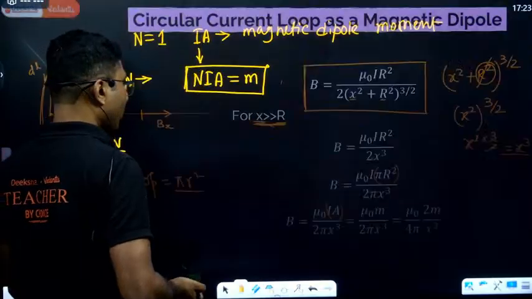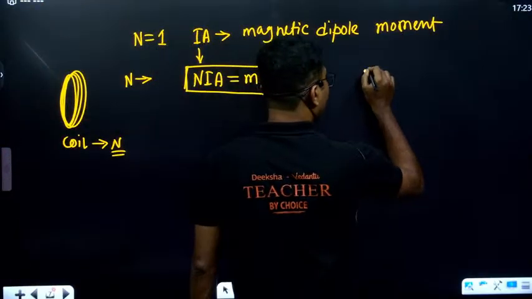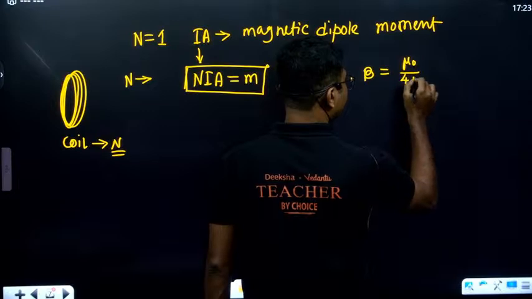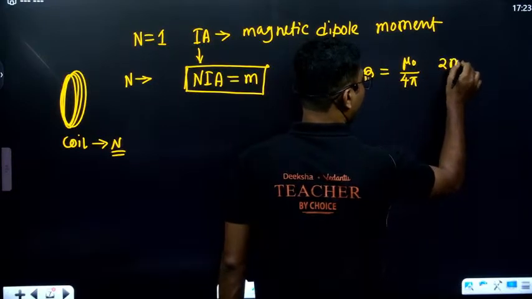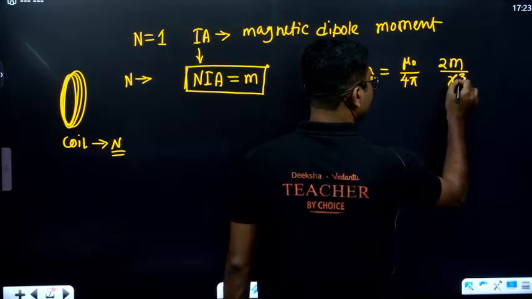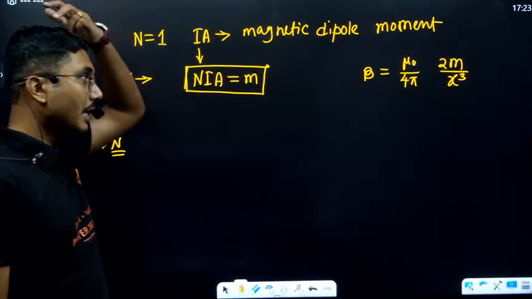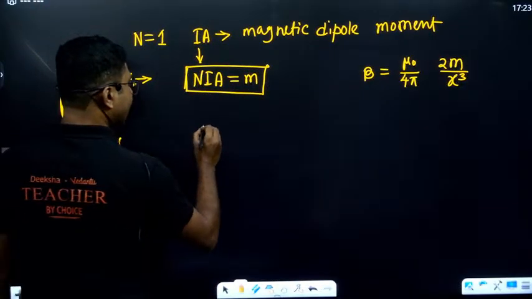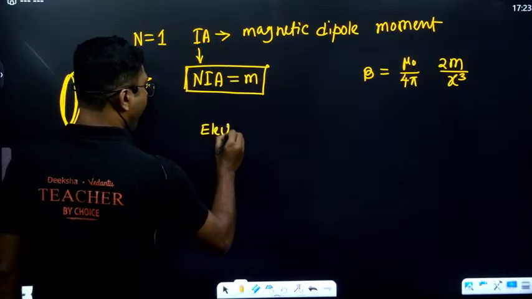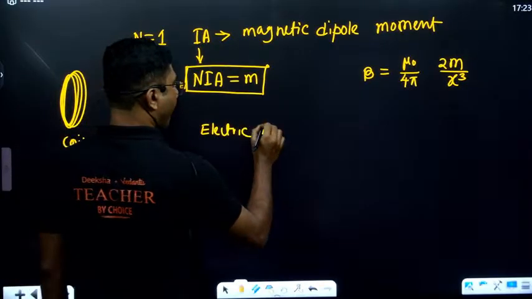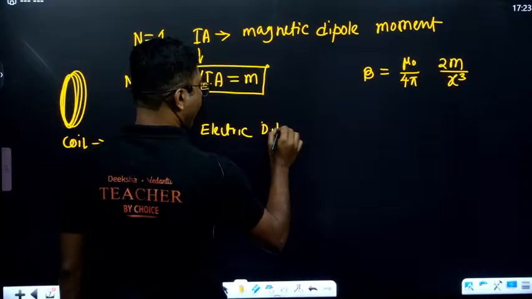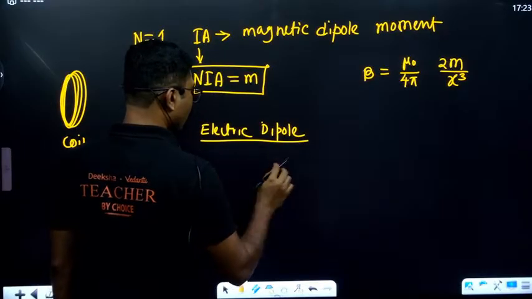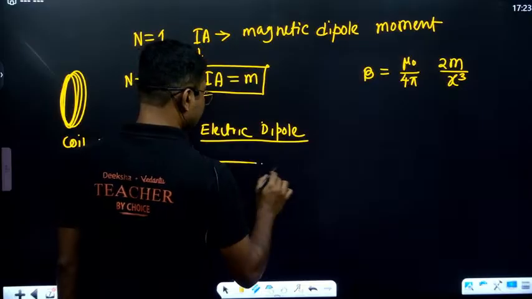Now why is this important? The magnetic field we got is mu naught by 4 pi, 2m upon x cube. I am saying this is super duper important. Why? If you recall, the electric field due to an electric dipole on its axis.